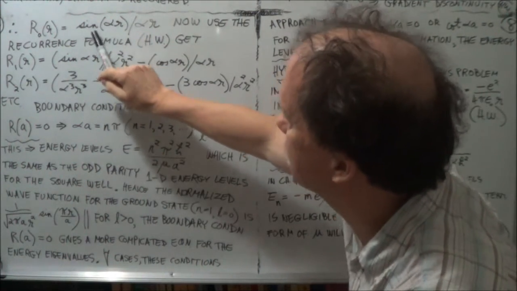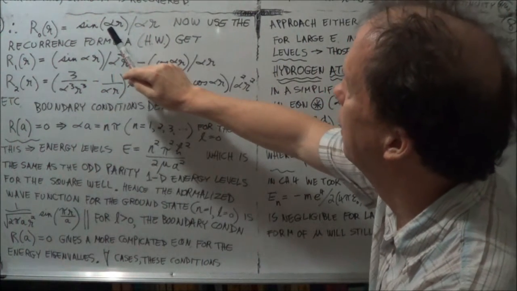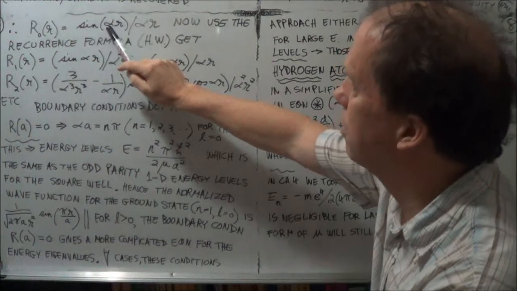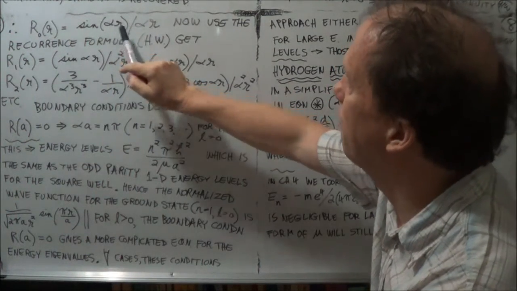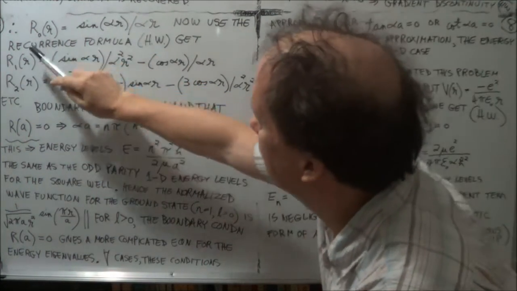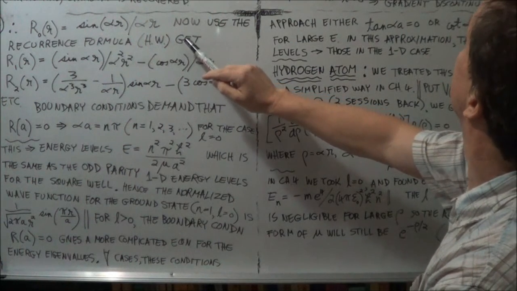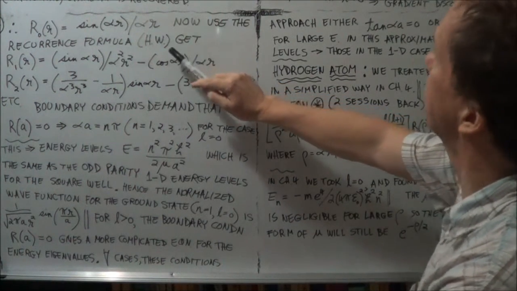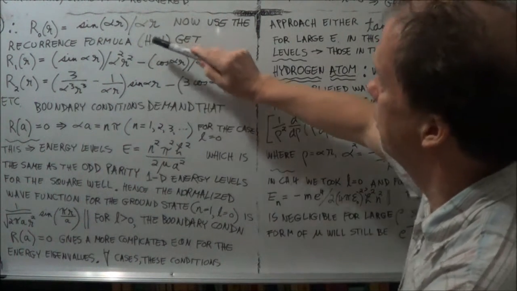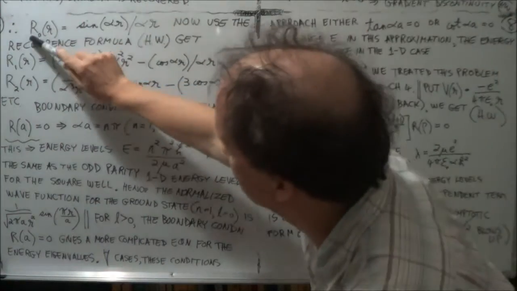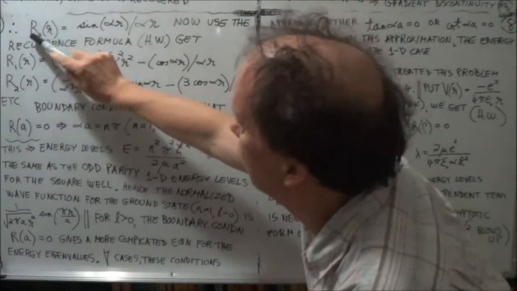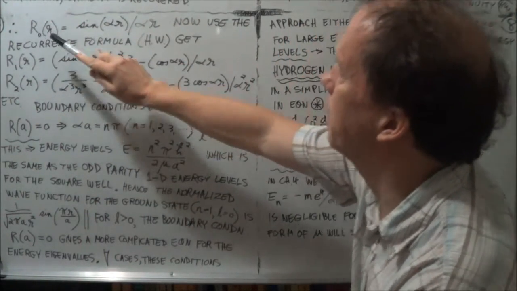Your chi is sine of rho, and rho is alpha little r, and r is chi over rho, and rho is alpha r. So anyway, here's your expression for big R.